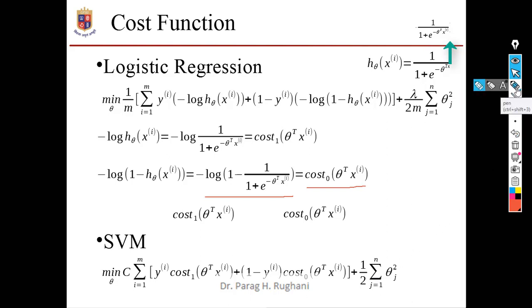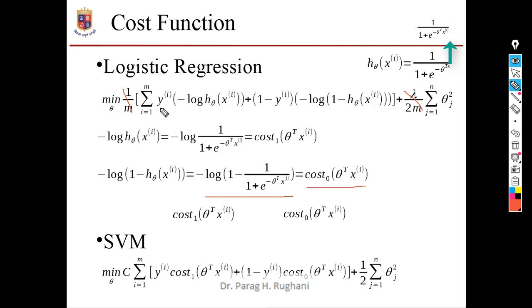Let's understand where we have made the changes. First of all, we have removed the 1 upon m term, so you don't see 1 upon m anywhere now. The second change which we have made is in terms of cost 1 theta transpose x and cost 0 theta transpose x.